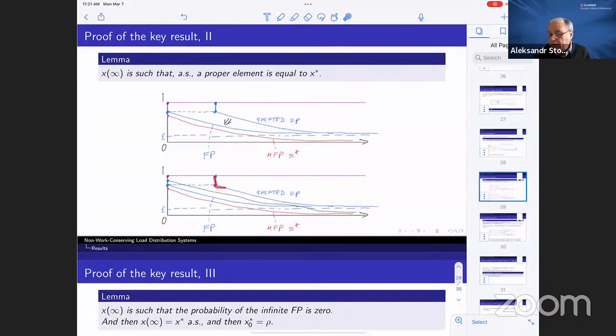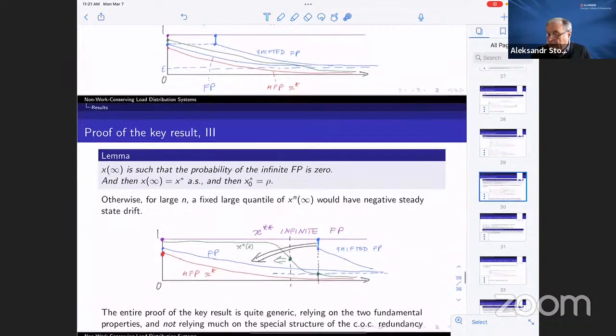I can dominate it, and I can start the process from this state. It will converge to the blue one, which closely approximates the minimum fixed point. And so you have this dominance. So any non-proper initial state, if I start from it, will converge down to the minimum fixed point. Okay, this is the most important thing.